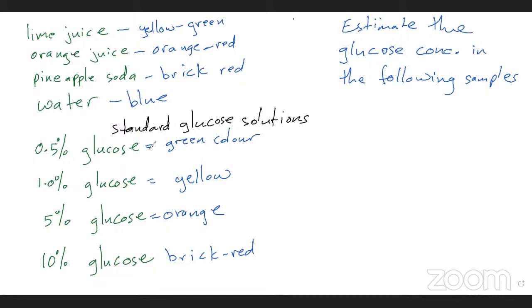We are using color changes between the standard and the sample to estimate the amount of glucose present in the sample. So, going again now, based on the color changes, what would you estimate the concentration of glucose in the lime juice to be? You would say between the 0.5 and the 1, since we never get an exact color. All right, so it would be between 0.5 to 1%.